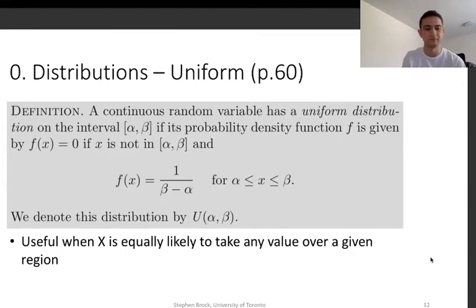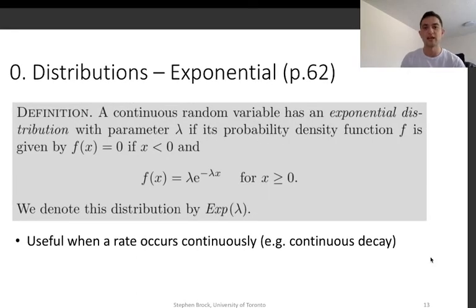Next, the exponential random variable, or the exponential distribution. A continuous random variable has an exponential distribution with parameter lambda if its probability density function f is given by f of x equals 0 if x is less than 0, and f of x equals lambda e to the negative lambda x for x greater than or equal to 0.